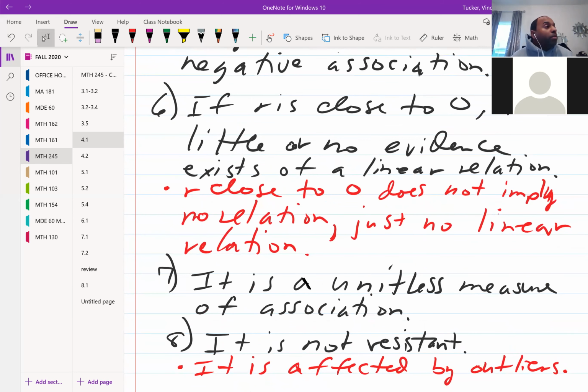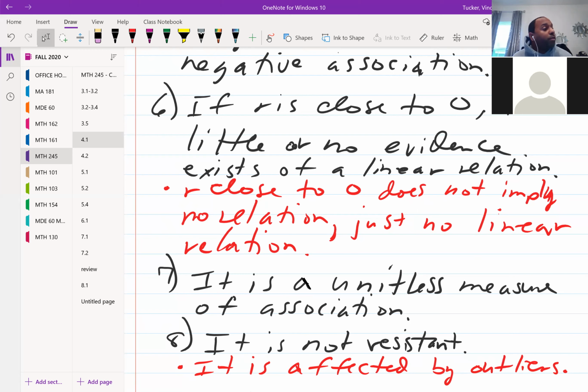All right, last two. It is a unitless measure of association, and it is not resistant. So that means it is affected by outliers. Remember we talked about being resistant before. Talked about how our median was resistant, but our mean was not resistant. And so your correlation coefficient is based on the calculation of your mean.